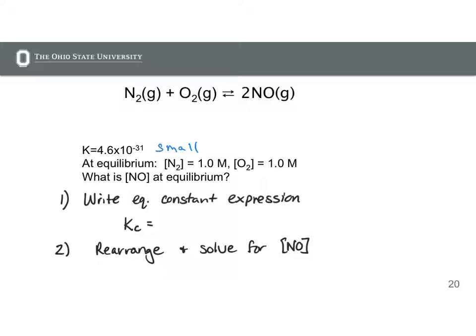So this problem ends up being very similar mathematically to the previous one we just did. So for K sub C, I have NO squared over N2 times O2. When you rearrange and solve for this, you end up with the concentration of NO equal to the square root of K sub C times N2 times O2.